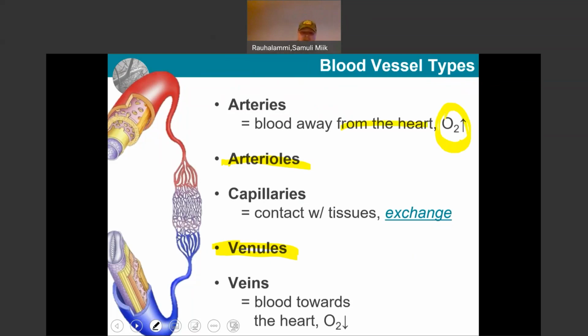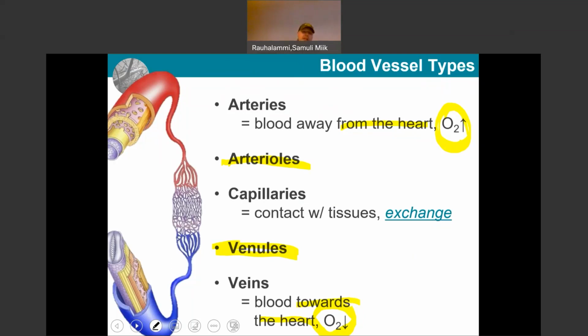And veins were all about carrying the blood towards the heart, and in systemic circulation, this blood is low in oxygen. Of course, this is flipped around when we talk about the oxygen content of the blood in the pulmonary circulation. But we're focusing now on these examples of the systemic circulation.